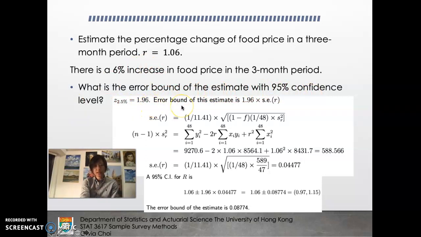Then we need to calculate the error bound of this estimate. That equals 1.96 multiplied by the standard error of our ratio estimate.